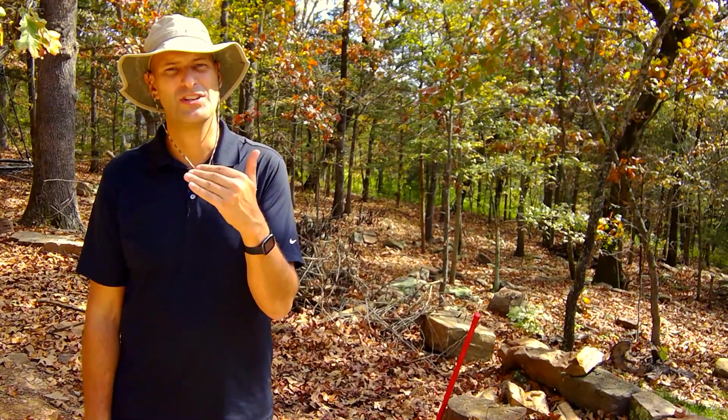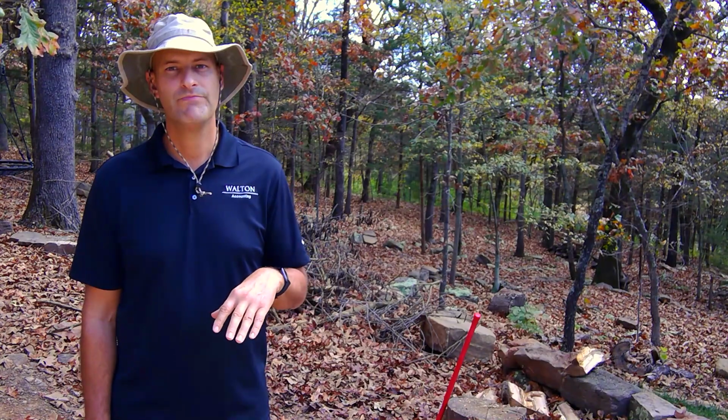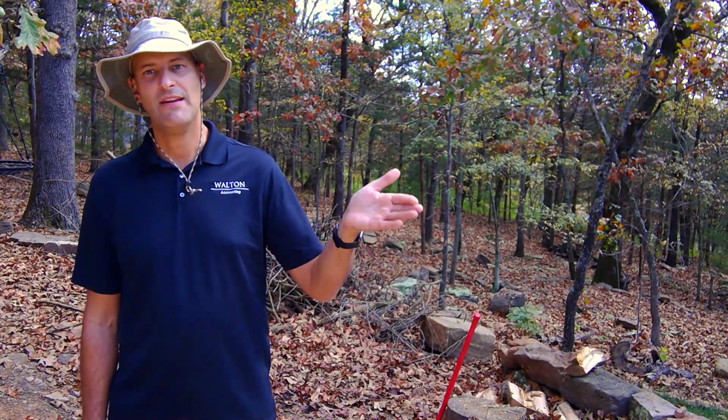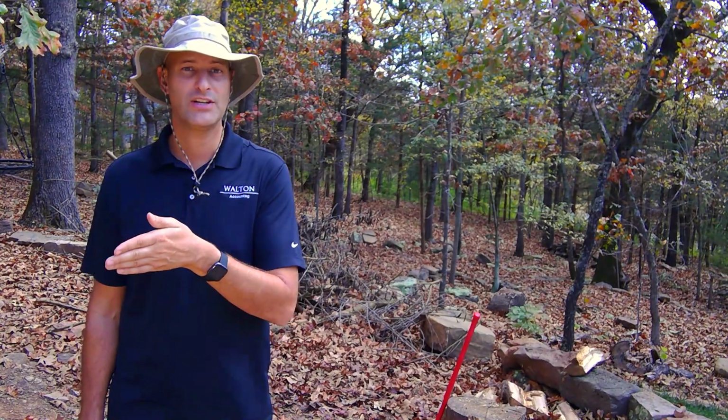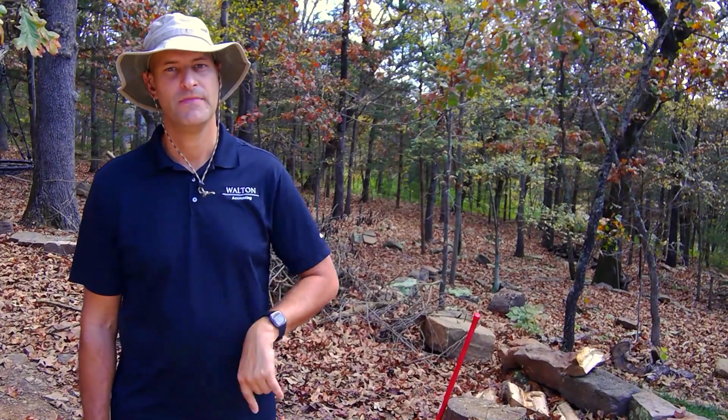So in our March 19th sale under the perpetual system, that sale is going to be selling the units we just bought on March 15th first, whereas when we waited under the periodic system, the stuff we sold was the March 30 items, which technically at the time of the sale we didn't even have purchased, but that is not critical from an accounting standpoint. So this changes. So what we end up with is a very different number under the perpetual inventory system using LIFO than under the periodic system using LIFO.